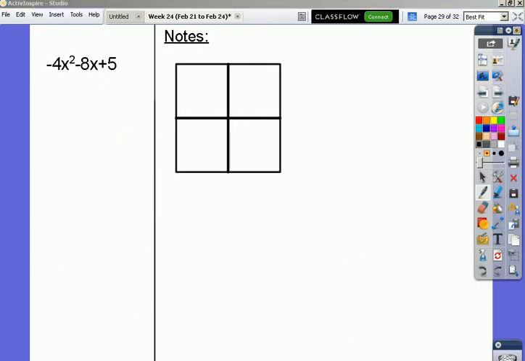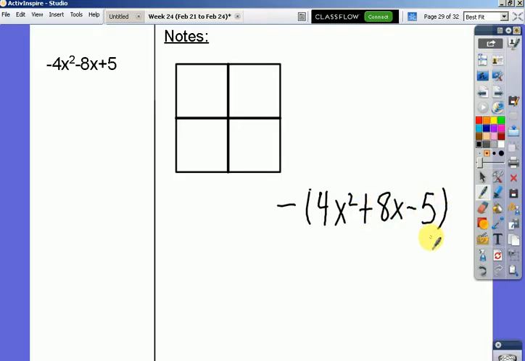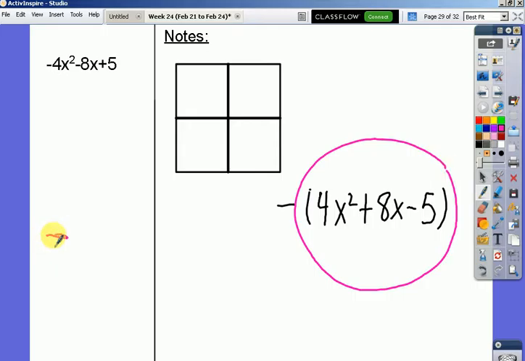When you're taking into account a negative, just like before, take the negative out. So you switch the signs. Now that's 4x squared plus 8x minus 5. Then as far as what you put in your box, you're gonna work with this, okay? Just ignore the negative and put it in the end with your answer, yeah?